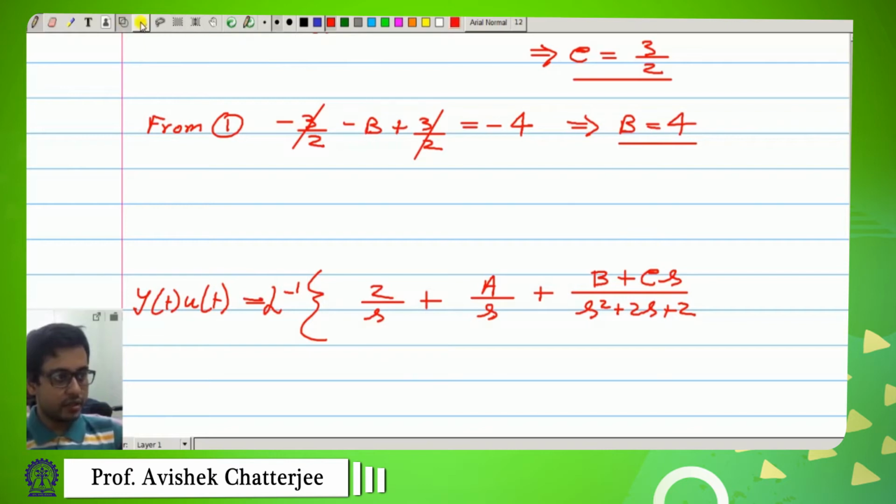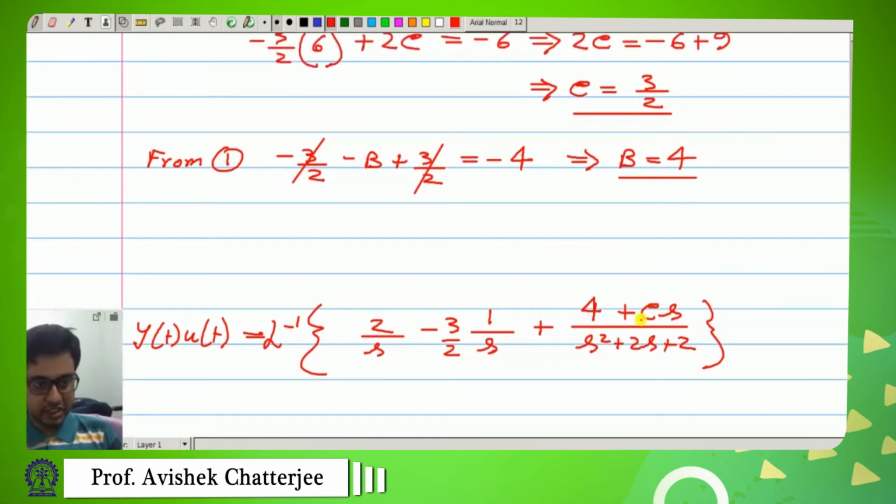Okay, and now the value of a is minus 3 by 2, b is 4, and c is plus 3 by 2.